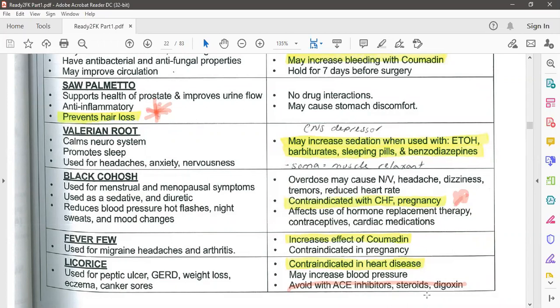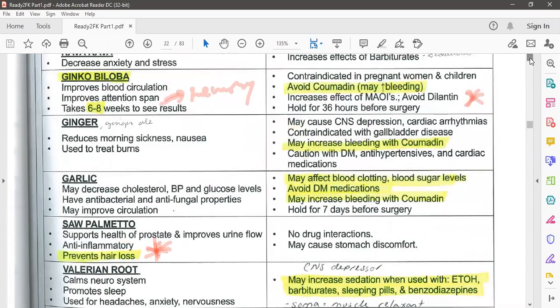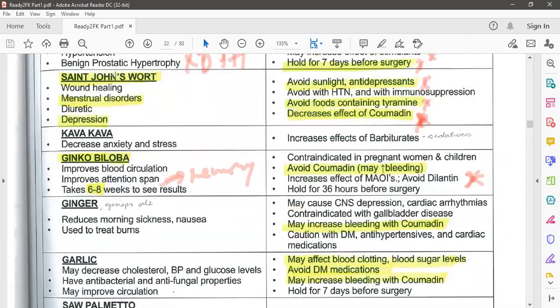When you are giving them, always keep in mind, St. John's wort can cause severe depression or suicidal ideation. So this medication, St. John's wort, can cause severe depression and suicidal ideation. It is very important. If any patient takes St. John's wort, we have to monitor them, right, to prevent the suicide.